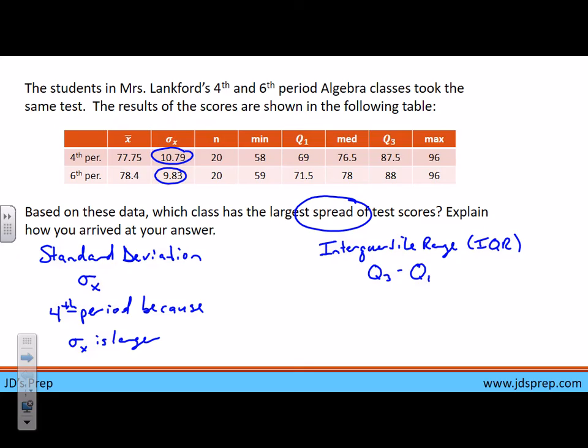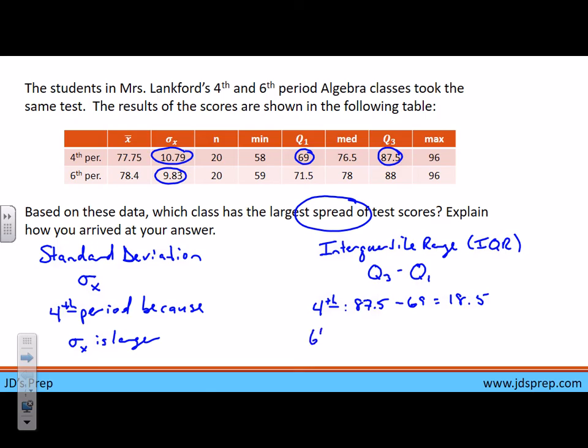Alternatively, if we wanted to use the interquartile range to discuss the spread of test scores, then we would need to subtract Q3 minus Q1 for both 4th period and 6th period and see which one ends up being larger. In the case of 4th period, we would have 87.5, their Q3, minus 69, their Q1, which would leave us with an interquartile range of 18.5.